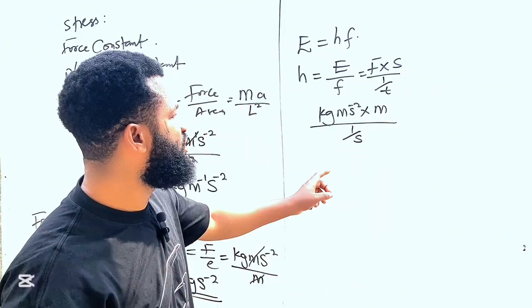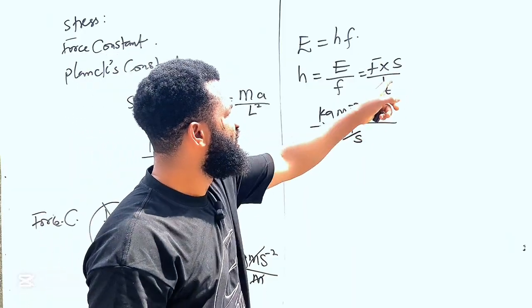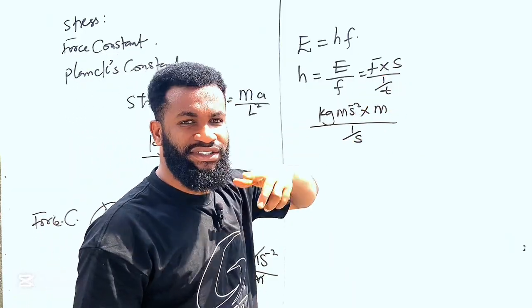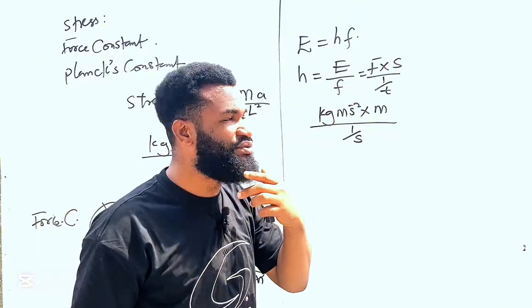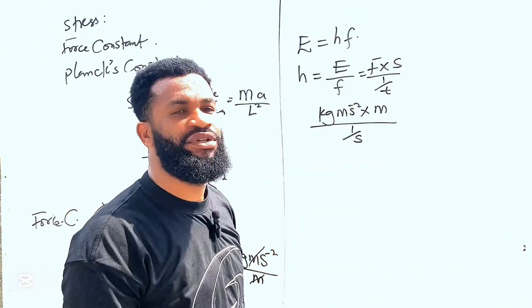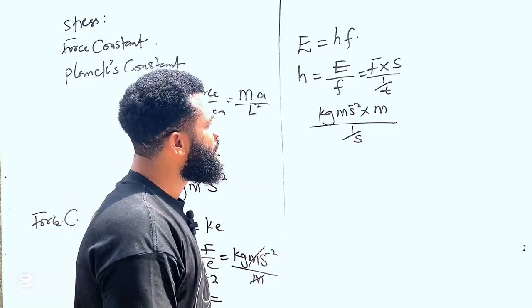Remember the confusion between this s and this s. This s is for distance, because work is force times distance. In physics, that's what they usually use. This other s is for seconds, the SI unit of time. So know the difference.